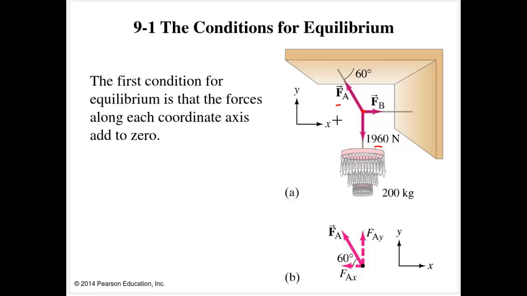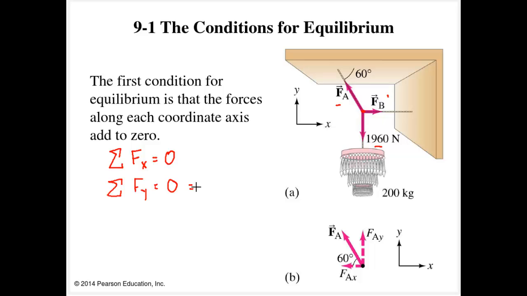We'd have some tensional force going upwards from cord A, as well as some force in cord B, and essentially we want all these forces to balance each other out. We want to say the sum of the forces in the x direction must be equal to 0. Similarly, all the forces in the y direction must be equal to 0.